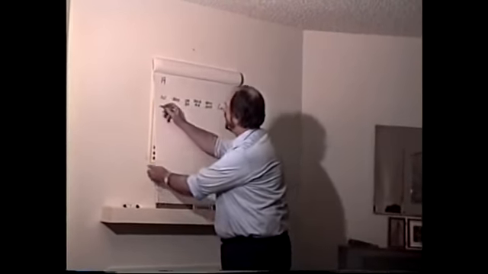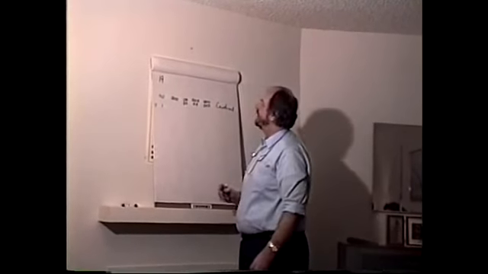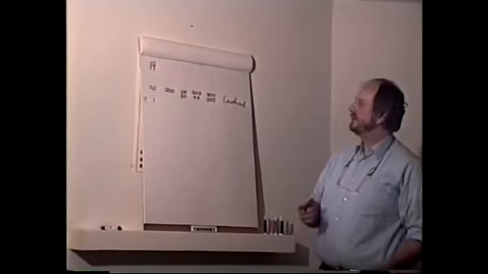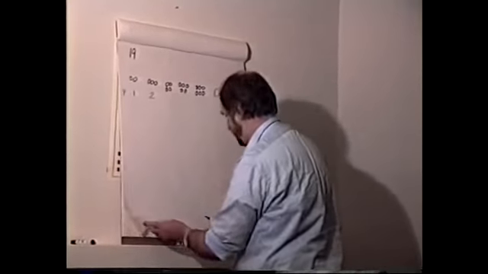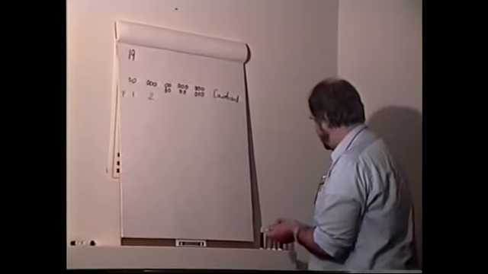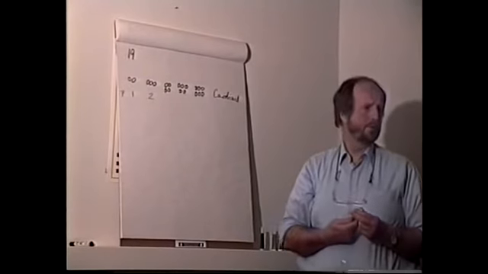So I'll put here primes. 2 is the first prime. 3 can only be divided into ones. It is the second prime. You can see that the number 4 can be divided into two twos.